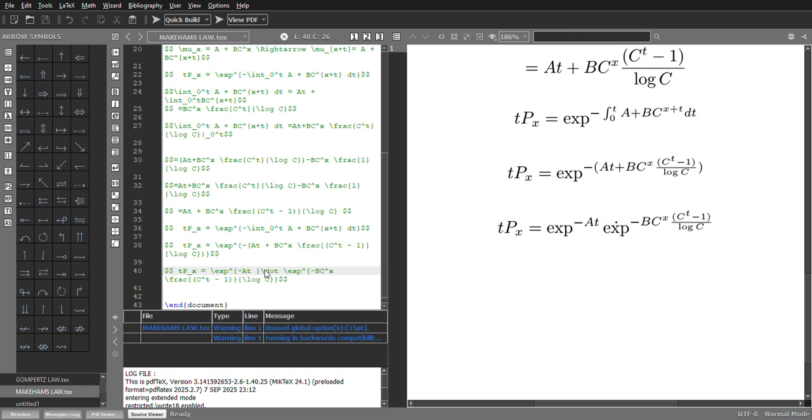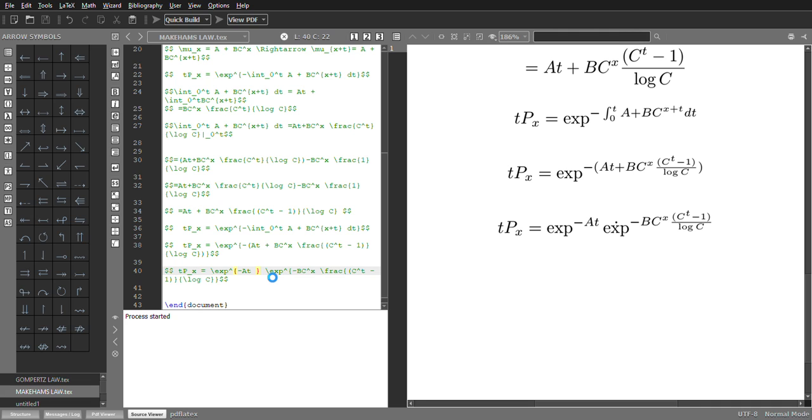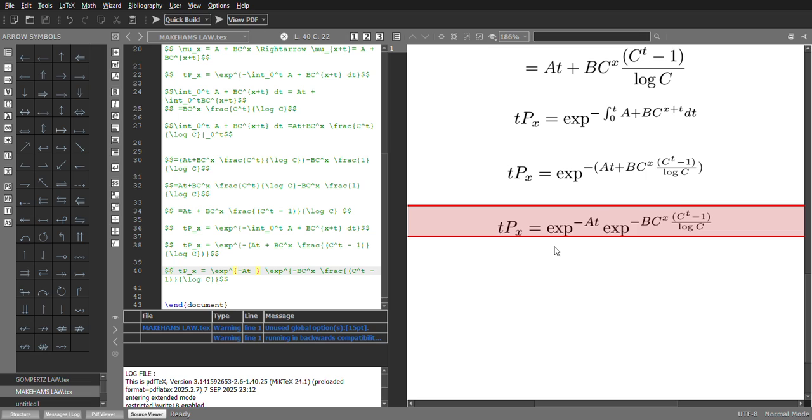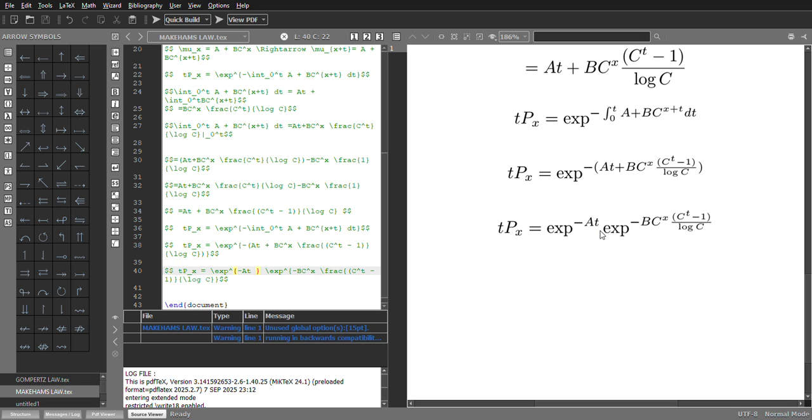So these two functions are multiplying themselves. By the laws of indices, for this to stand, there must be a multiplication between these two bases, so that we can add the powers.